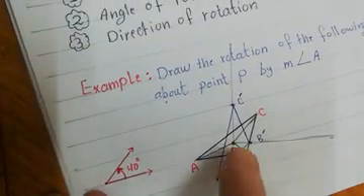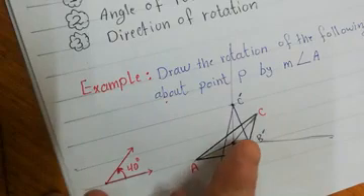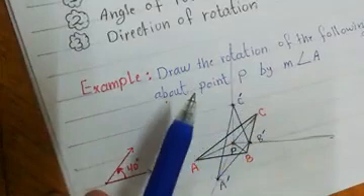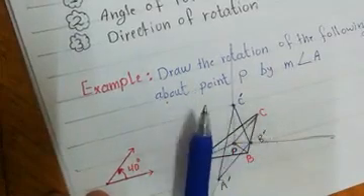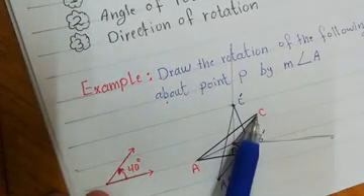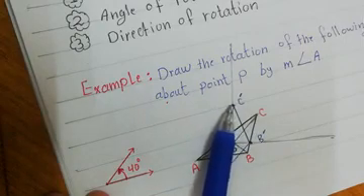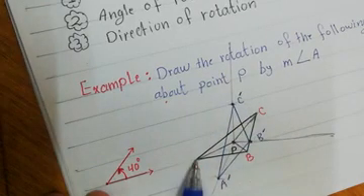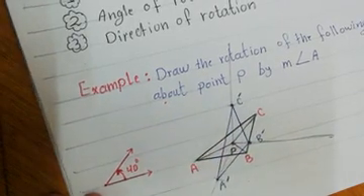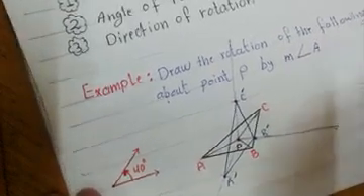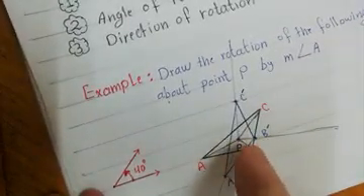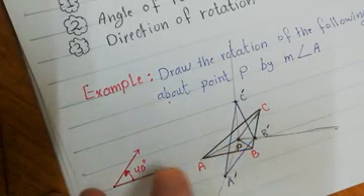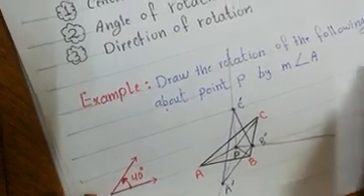So if you rotate the black triangle 40 degrees this way, they will match each other. C will exactly match C prime, B will match B prime, and A will match A prime. So this is the rotation. This rotation is about the center P by 40 degrees.